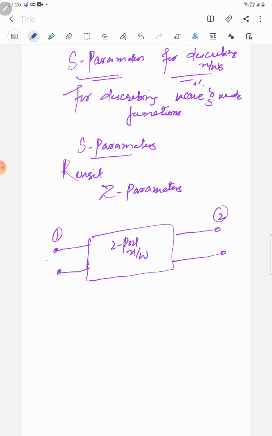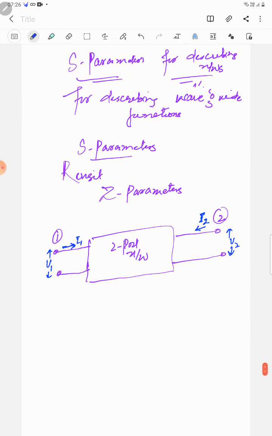Let us assume this voltage is V1 and this current is I1. This voltage is V2 and this current is I2. So current entering port 1 is I1, current entering port 2 is I2, voltage at port 1 is V1 and voltage at port 2 is V2.